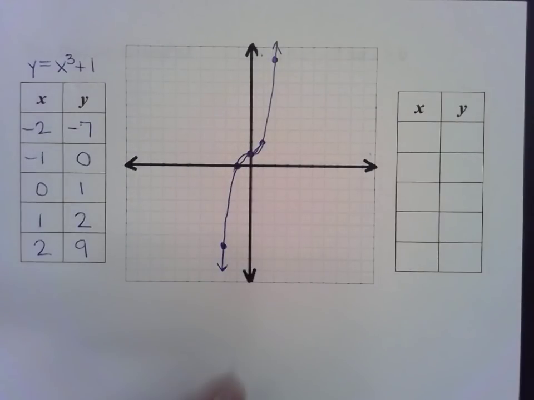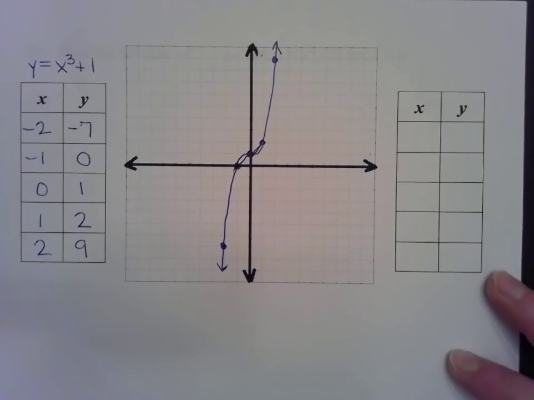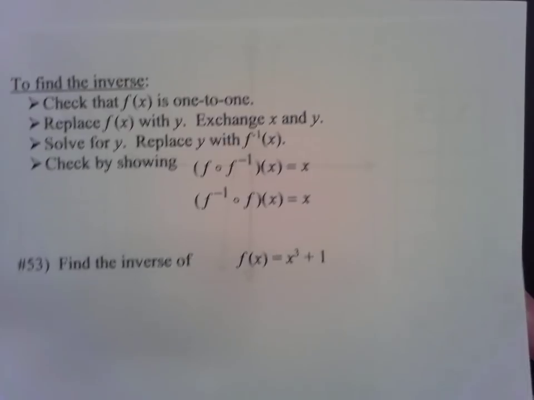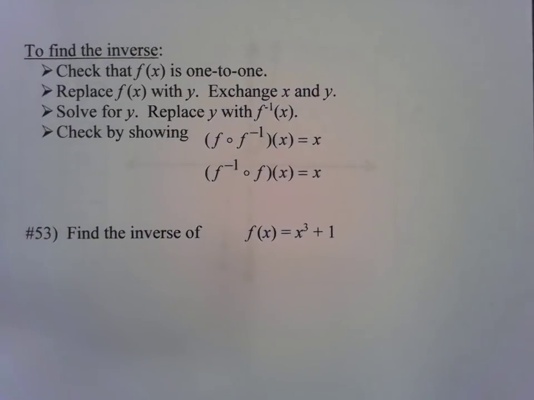Okay, so is this graph of this function, is it 1-to-1? Absolutely. Passes the vertical line test and the horizontal line test. Okay, so yes, it's 1-to-1. So now let's take a second to find its inverse.